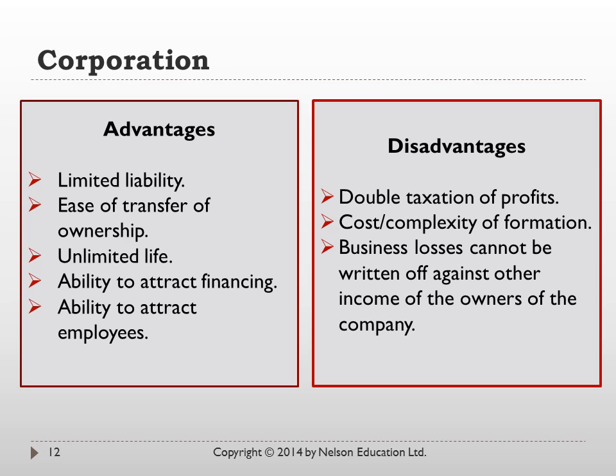So in essence, we have double taxation. The corporation is taxed at corporate rates, and then the shareholder is taxed on any dividends received at their personal rates. That's been one of the biggest disadvantages of corporations.